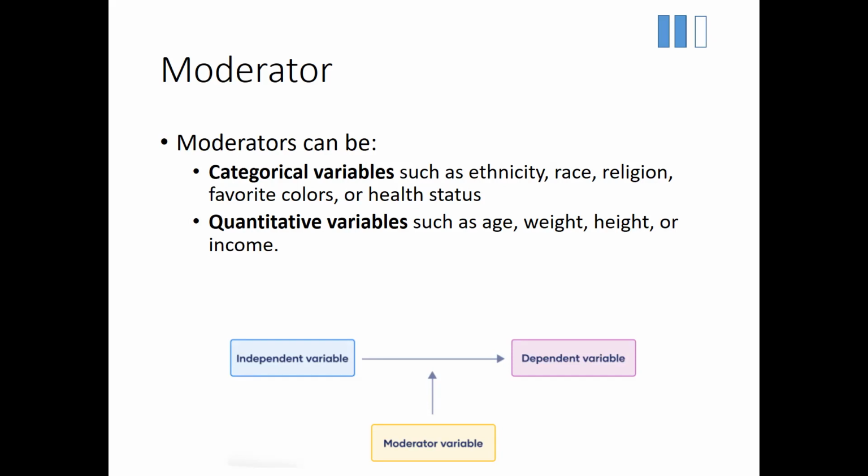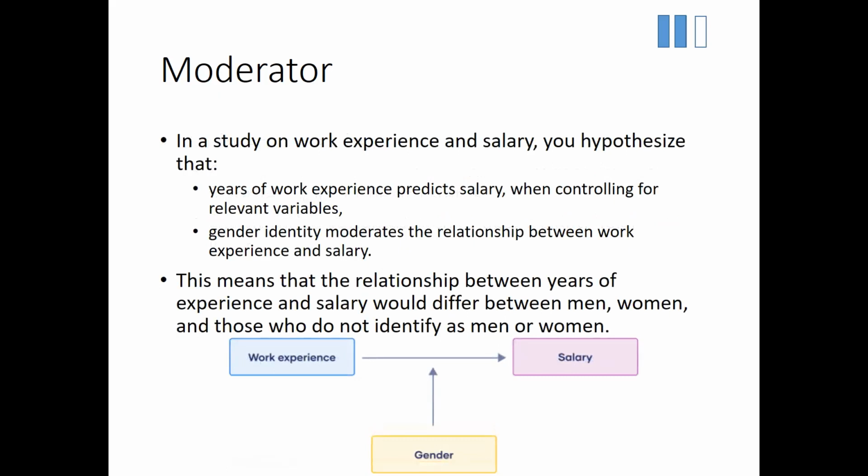Okay. So I think y'all are understanding moderator a little bit. Here's an example, and this is a real world example. We fight against this all the time. We are looking at work experience as a predictor of salary. We predict that the number of years of experience predicts salary, right? More years of experience, greater likelihood that someone's going to get hired with a higher salary.